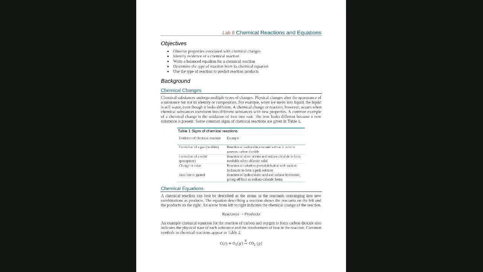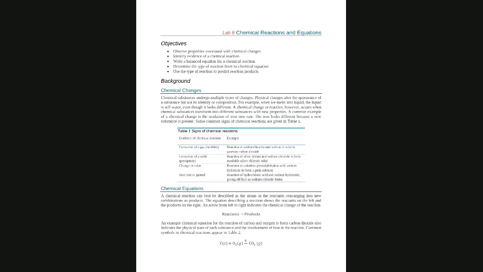These are skills that all scientists need to have. Actually, everybody needs to be able to observe and describe what is happening. So this week's experiment is about observing a chemical change and being able to explain it.